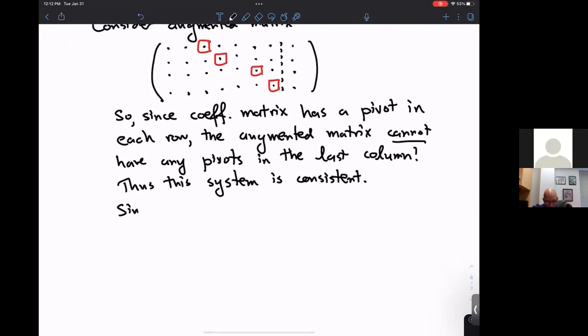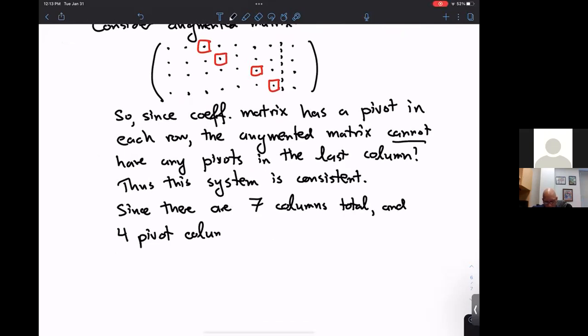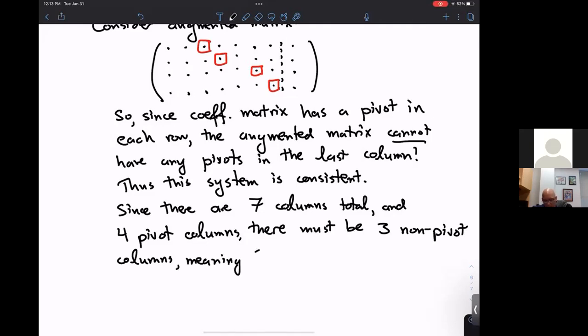So since there are 7 columns total, and 4 pivot columns, there must be 3 non-pivot columns, meaning 3 free variables.